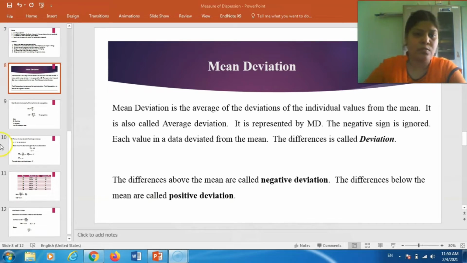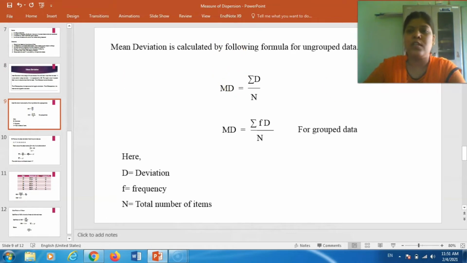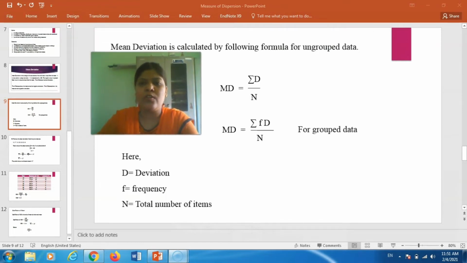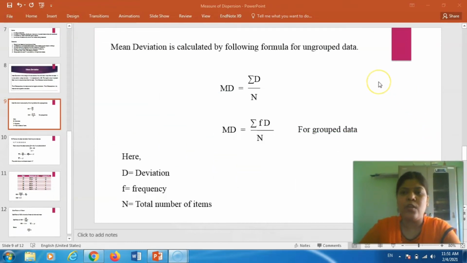For that there is a formula. Here is the formula. Mean deviation is calculated by the following formula for ungrouped data: MD is equal to summation of D divided by N. And MD is equal to summation of FD divided by N. This is for grouped data and the first is for ungrouped data.